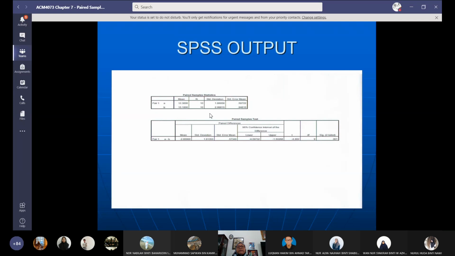So you can say that there is a significant difference, in which before the training the mean score is 12.3, and after the training it increases to 15.1. It can be suggested that the training is effective for communication skills among USIM students.